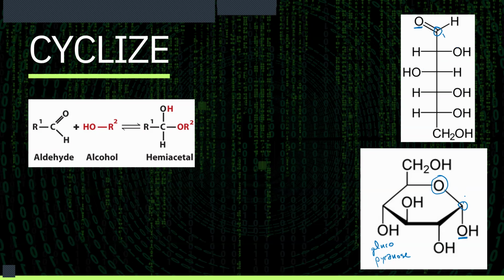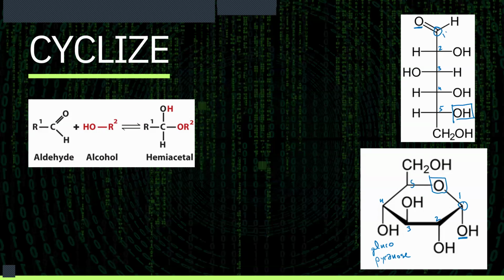Now, in order to form a six-membered ring, let's count off the one that it actually reacts with. Carbon number 1, 2, 3, 4, 5. And then, aha, this hydroxyl group is the one that forms this oxygen that closes our ring in.